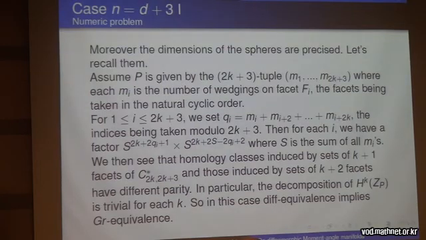For example, if you consider a pentagon, you can consider the wedging operation performed M1 times on the first facet, M2 times, M3 times on this one, M4, M5.